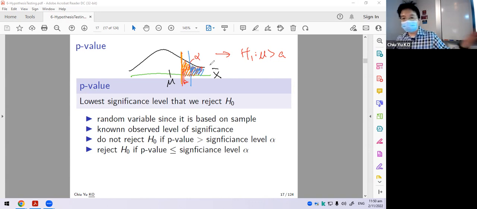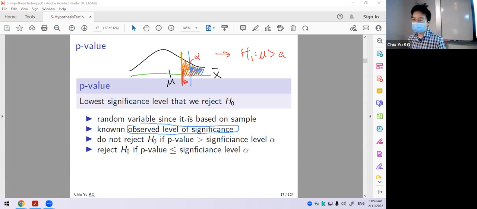You keep changing the alpha, which keeps changing the rejection region, and find the lowest alpha at which you reject. That's why people call this the observed level of significance in some cases.